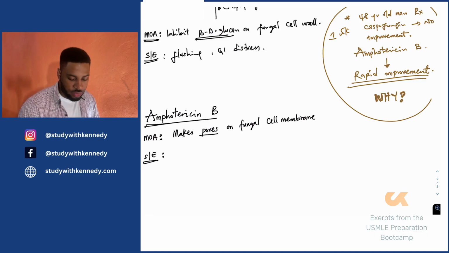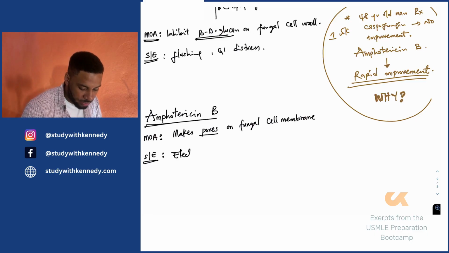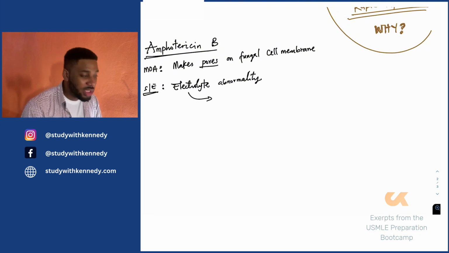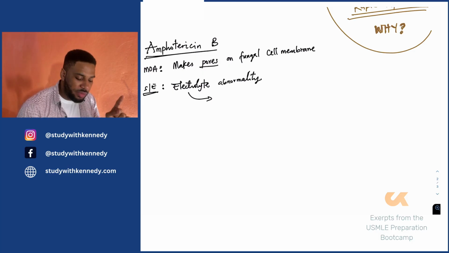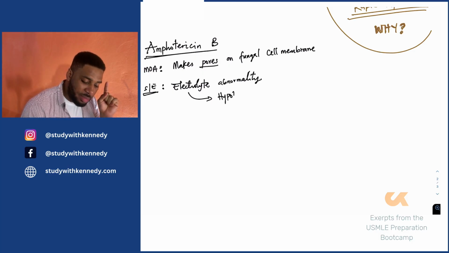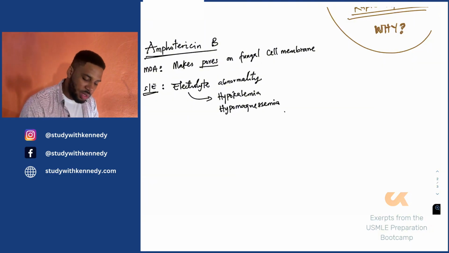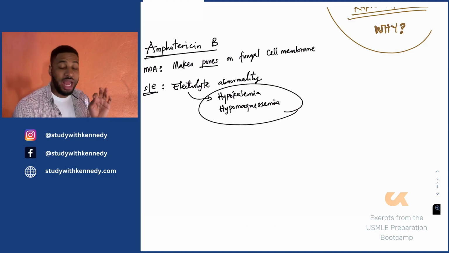The first thing you want to remember is electrolyte abnormality. Specifically, you want to remember that amphotericin B causes hypokalemia and hypomagnesemia.